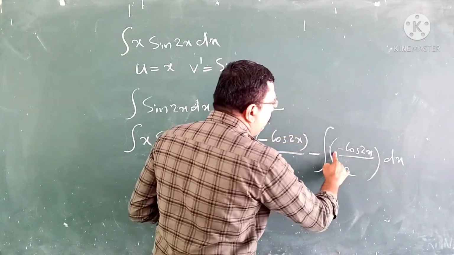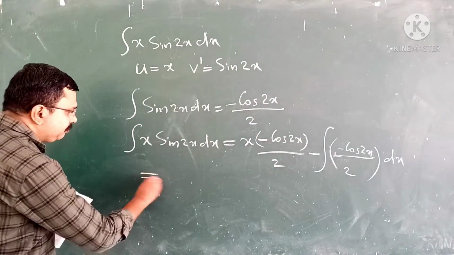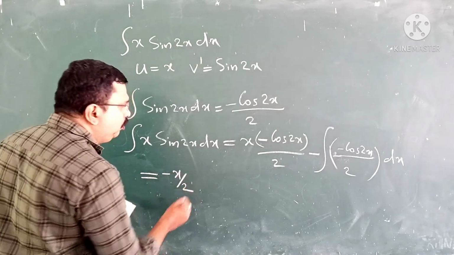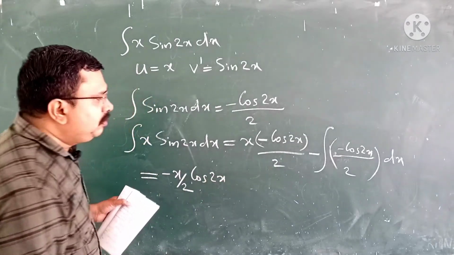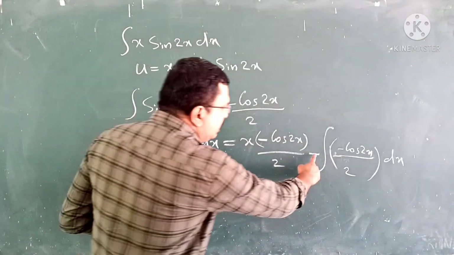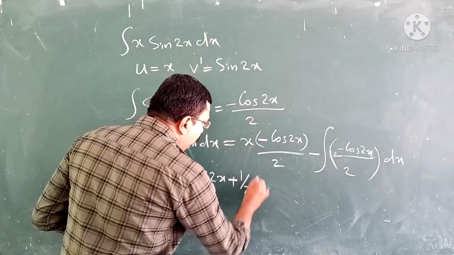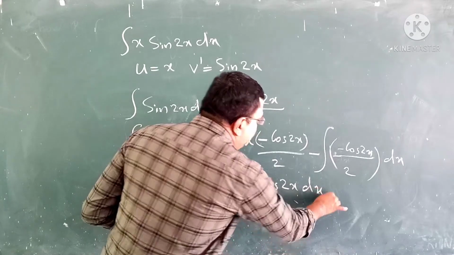Here 1 into that will become, which is equal to minus x by 2 cos 2x. Here is minus and minus, that will become plus 1 by 2 integral cos 2x dx.